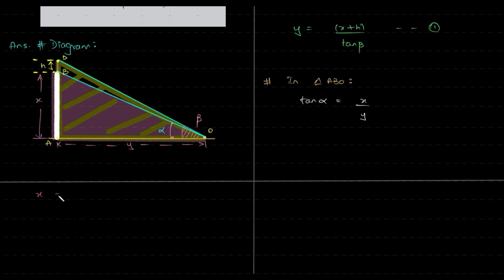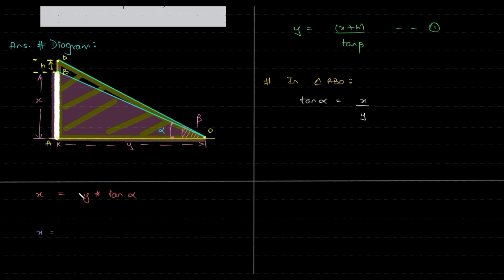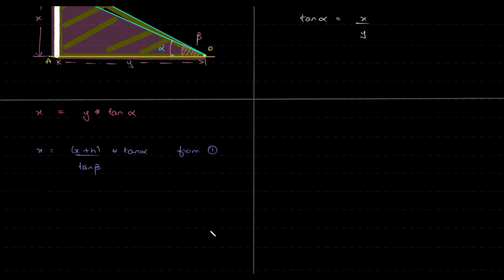So we have x is equal to y times tan of alpha. Is that correct? We are going to substitute 1. That is, from 1 we have y equal to x plus h by tan beta, into tan alpha.